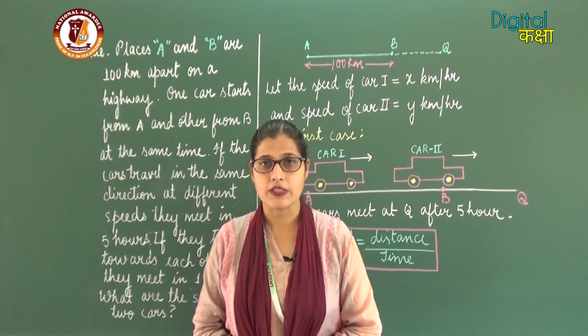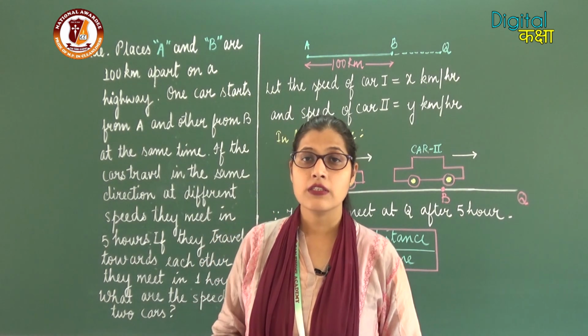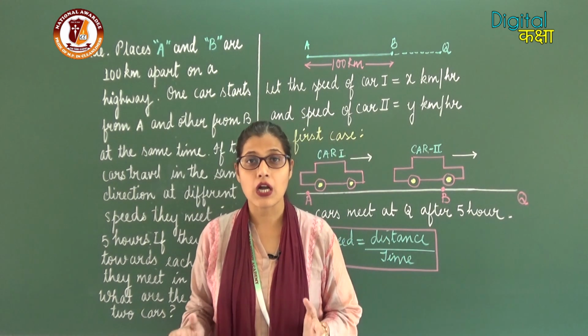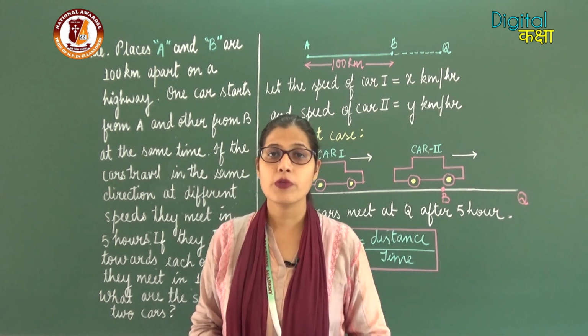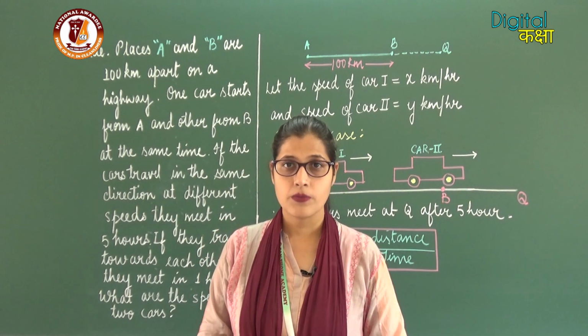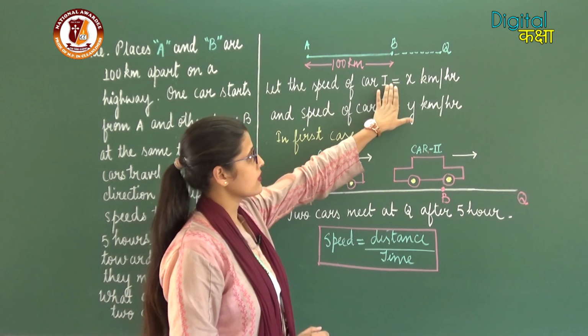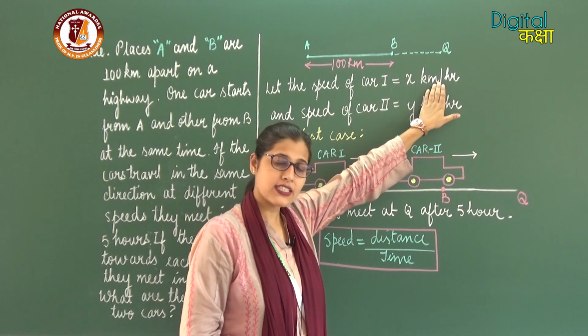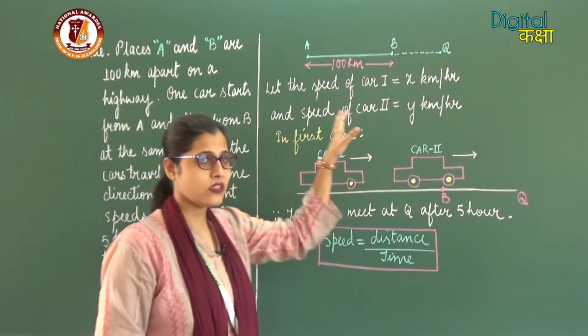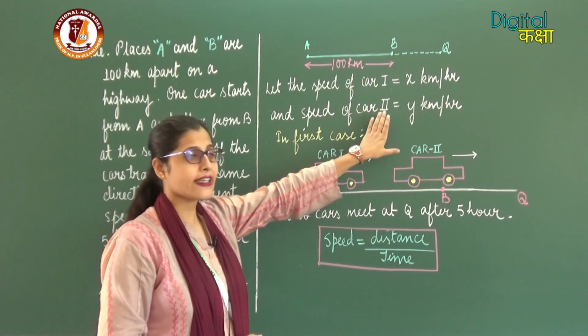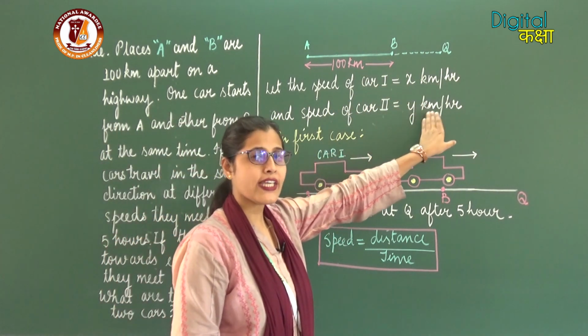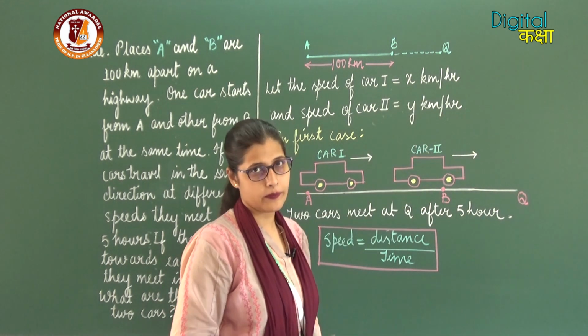Now here in the question, we need to find the speed of the two cars. So before starting with the question, we will first assume that the speed of car 1 is x km per hour and the speed of the second car is y km per hour.